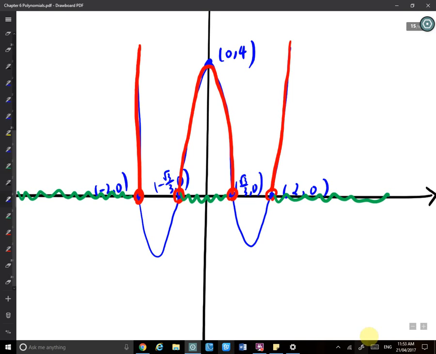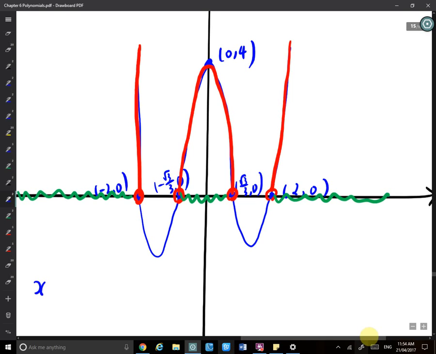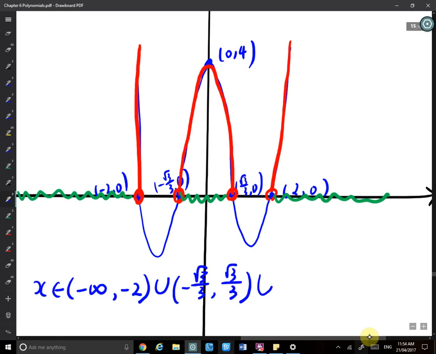So I can write x belongs to negative infinity to negative 2, with a round bracket, not including negative 2, union negative root 3 over 3 to root 3 over 3, round brackets, union 2 to infinity.